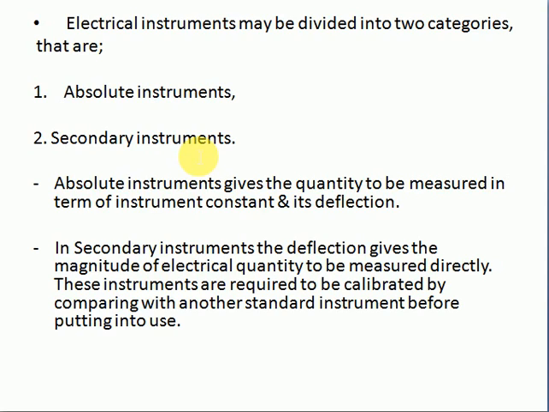Okay, the actual value under measurement can be calculated by using the formula: deflection multiplied by the constant of the meter. Okay, so that gives the term in instrument constant and its deflection. Okay, examples of absolute instruments are the tangent galvanometer and current balance meter.